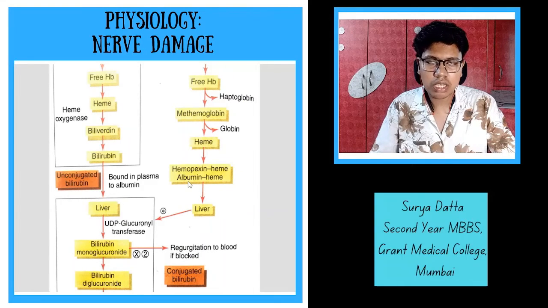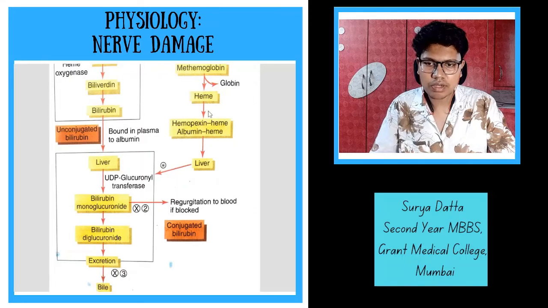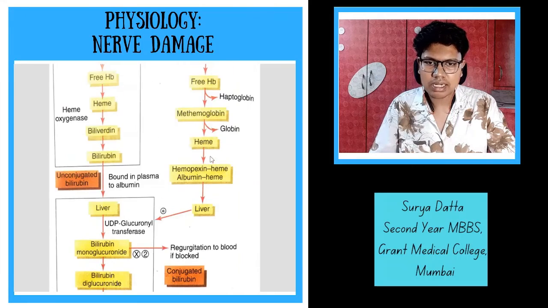Heme binds to hemopexin, and albumin heme goes into the liver. Similar pathways. One end product is bilirubin and one end product is heme that is combining with a kind of substrate. So once this is combined, it goes into the liver and basically it gets excreted.